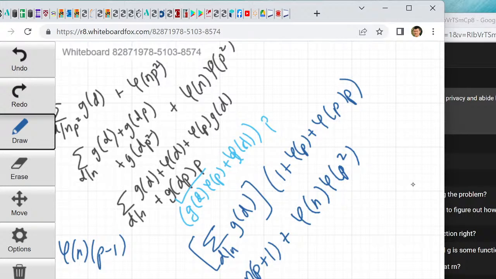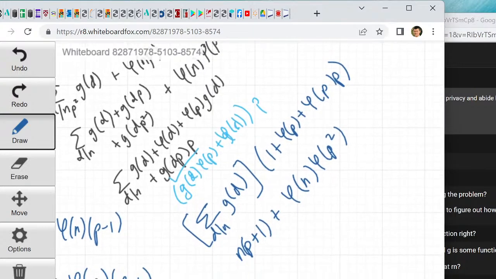Is that p squared? This is p minus 1 times p, and this is just p. So I need p squared phi of n's to make that work. Here I have p times p minus 1.